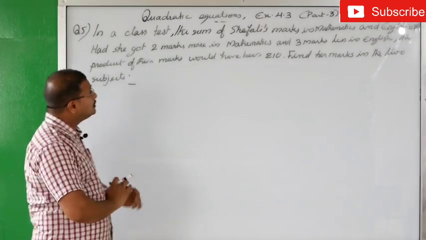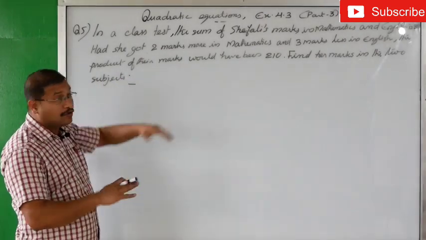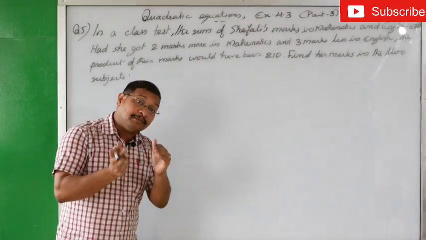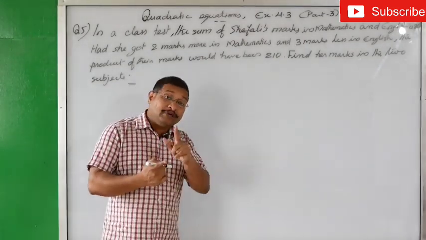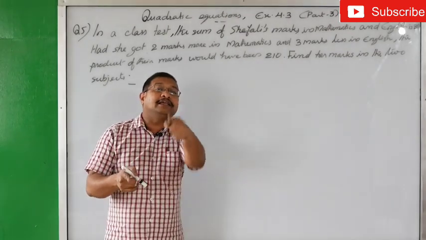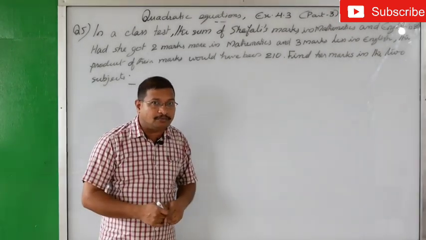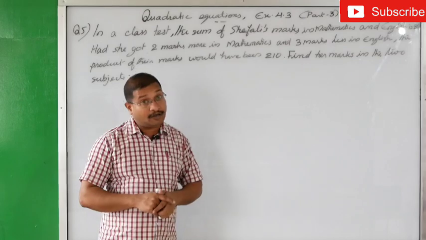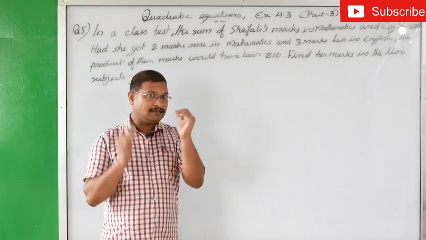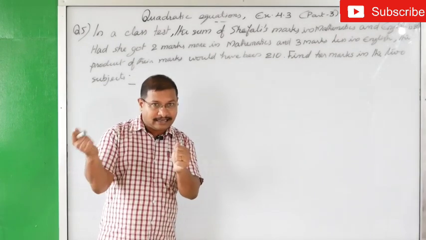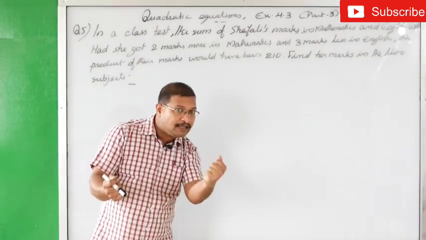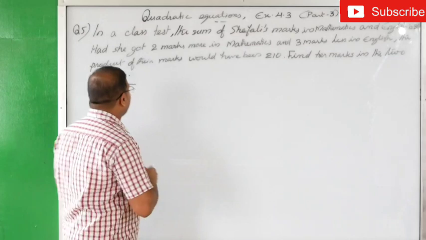Let's start the work. See, Shefali's maths mark we don't know, but they have given that mathematics marks and English marks together is 30. So if I take x be maths mark, what will be English mark? 30 minus x, because sum together is 30. So if I take x, then the balance will be 30 minus x. So what you'll write?